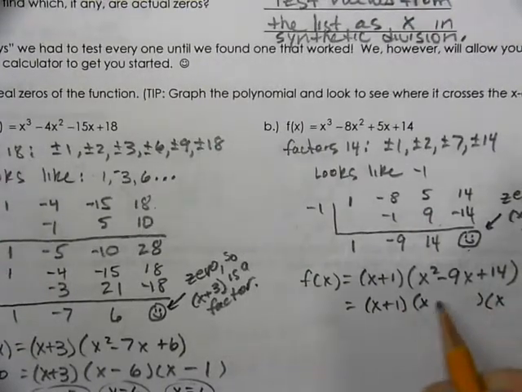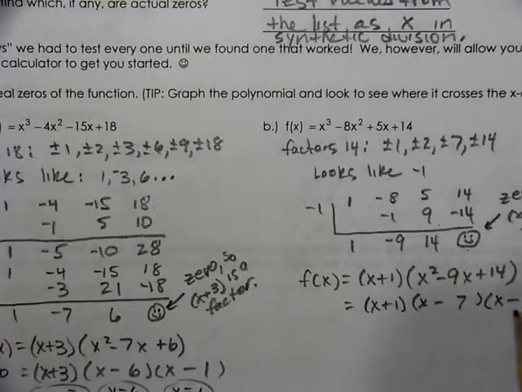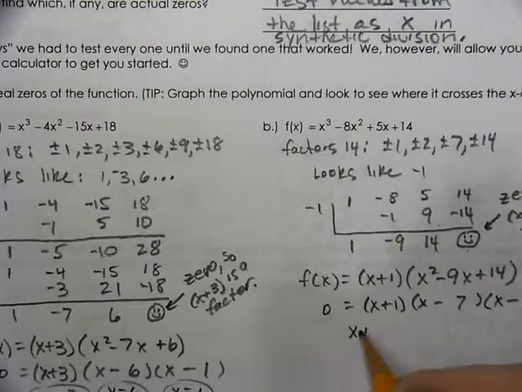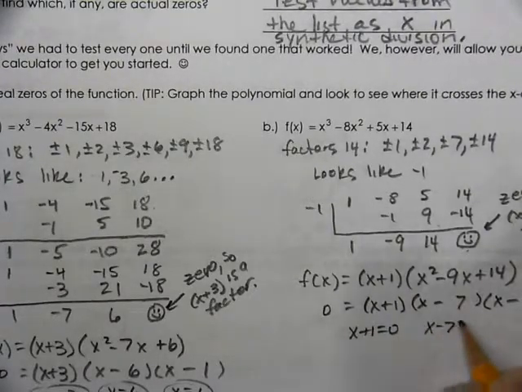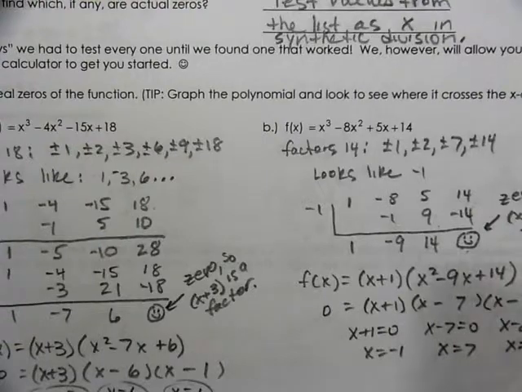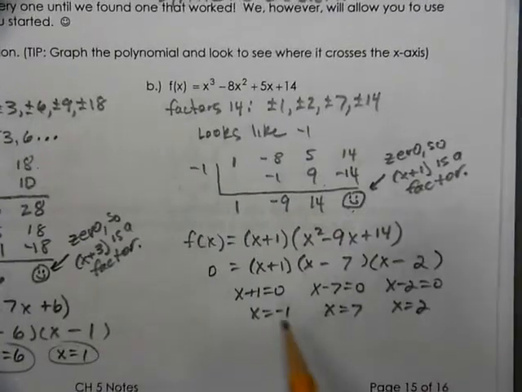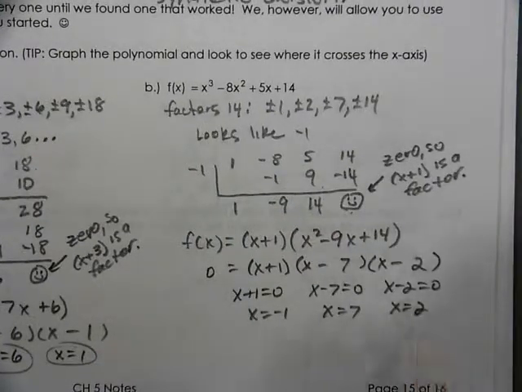And that can be factored apart into a negative 7 and a negative 2, which multiply together to be positive 14 and add to be a negative 9. Now we want to set those equal to 0. And our actual zeros are negative 1, 7, and 2.